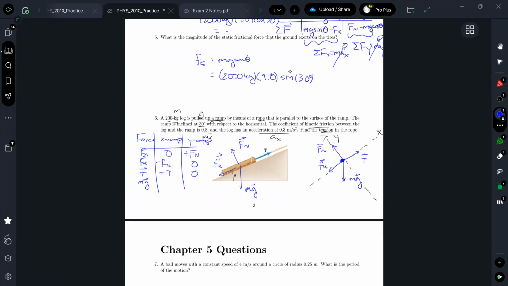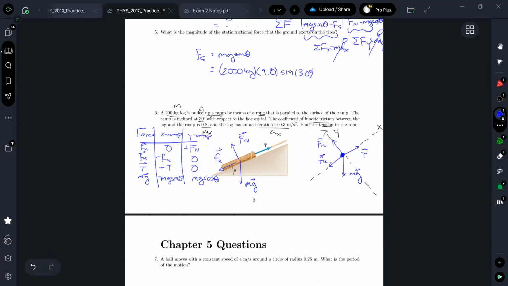It's going to be mg sine of theta, X in the negative direction, and mg cosine theta, and in this case, it is also in the negative direction. That would be because my two components look like this. That's wy, or the y component.